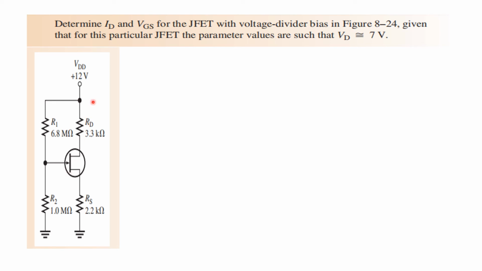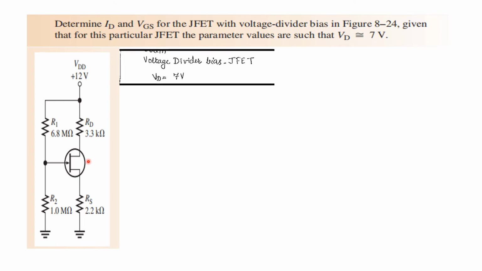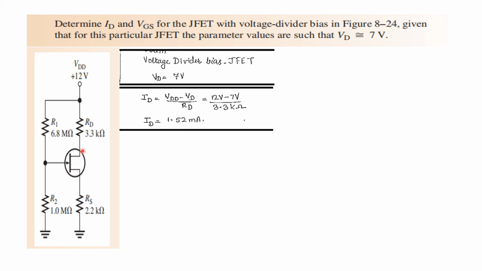We have to determine the current ID and VGS. How do we go ahead? The minimum drain voltage is given to be 7 volts. Corresponding to this, you find out the drain current ID. So it is VDD minus VD upon RD, which comes out to be 1.52 milliamperes.